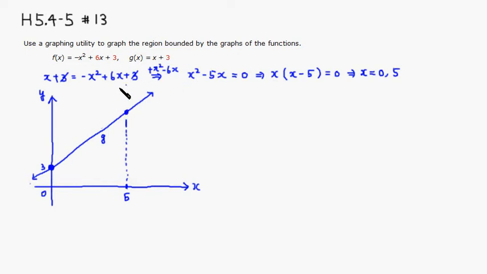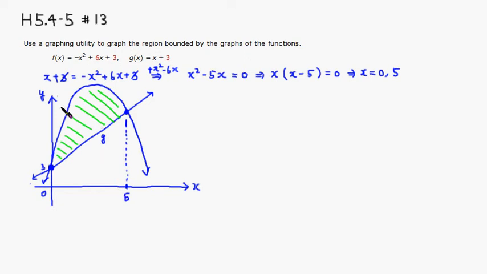Then all we really need to know is that it's a parabola facing down, so the graph is going to look somewhat like that. Then we have a region that's enclosed by the two curves. So this is more or less the region.